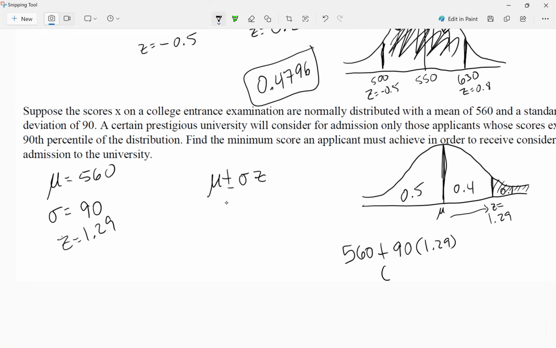And my answer in this case is 676.10. Now we write 676.1, it's the same thing. So what is the score? The mean is 560, the standard deviation is 90. The score that I need in order to beat 90% of the people, I have to score at least 676.10.